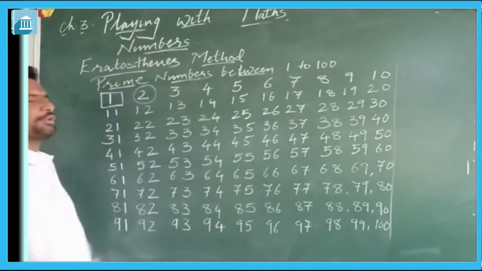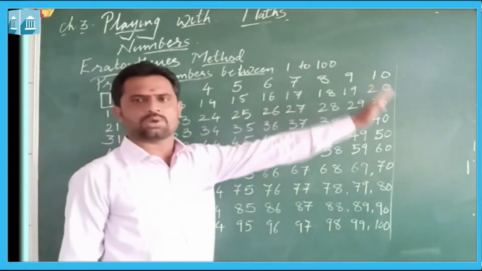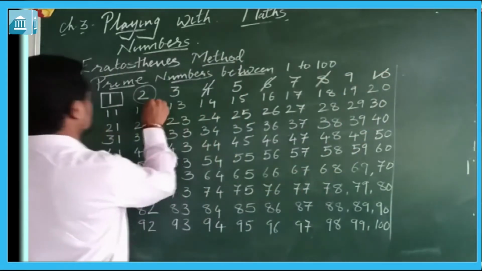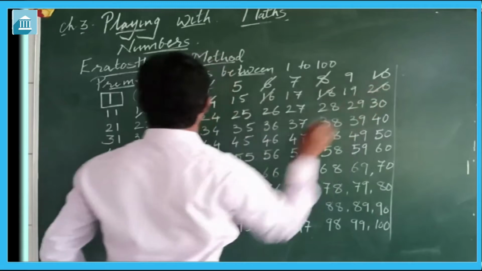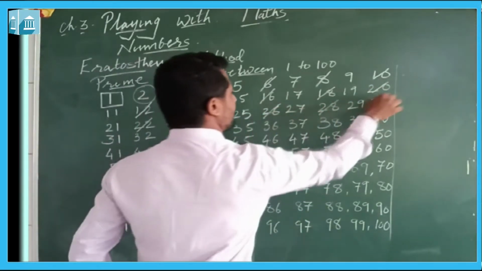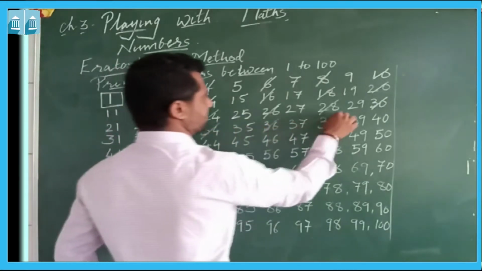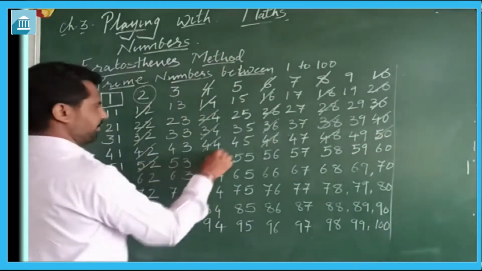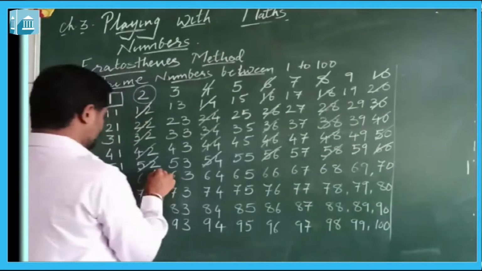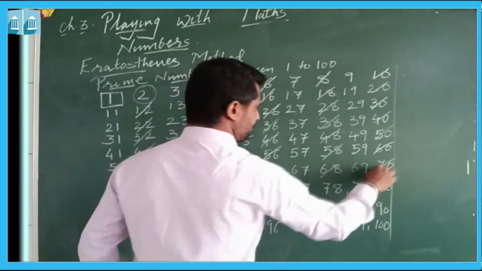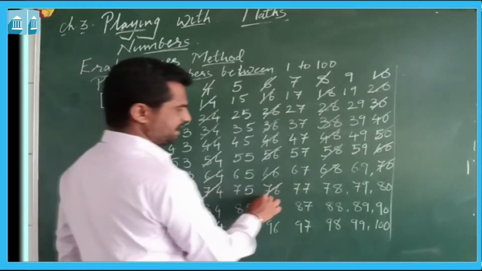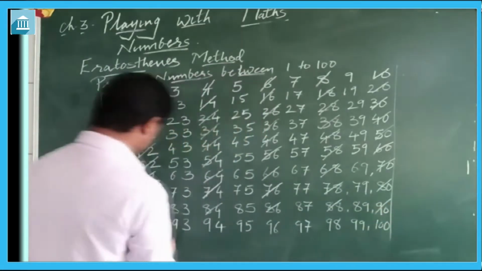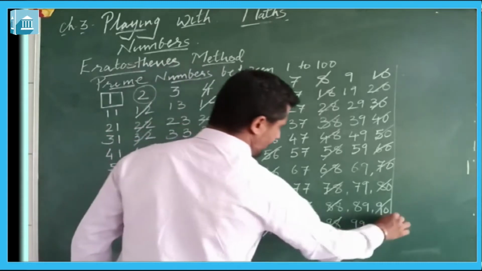make a round on 2 and cut all the multiples of 2, that is 4, 6, 8, 10, 12, 14, 16, 18, 20, 22, 24, 26, 28, 30, 32, 34, 36, 38, 40, and so on up to 96, 98 and 100.